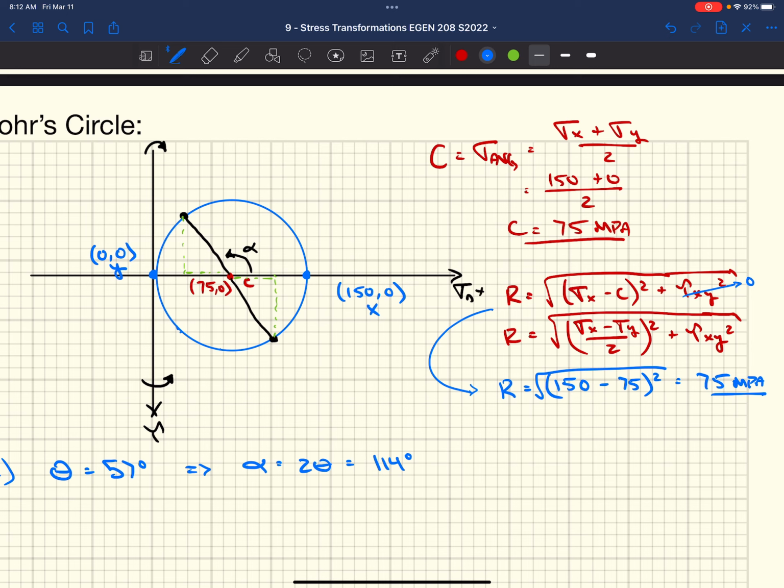That's honestly just the distance between these two points. We're going to square it, and then take the square root of it.